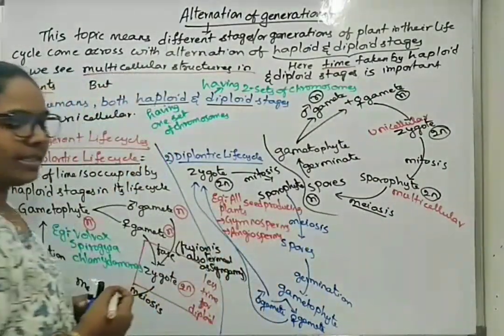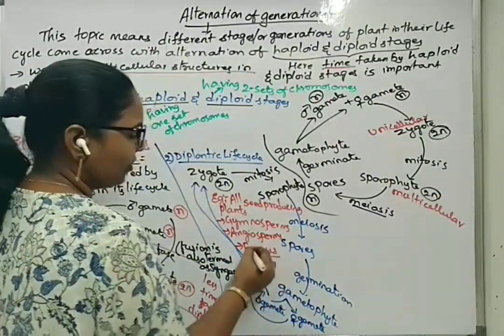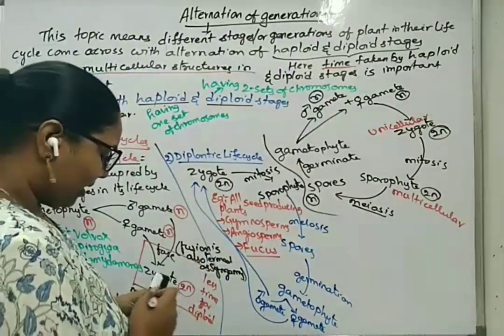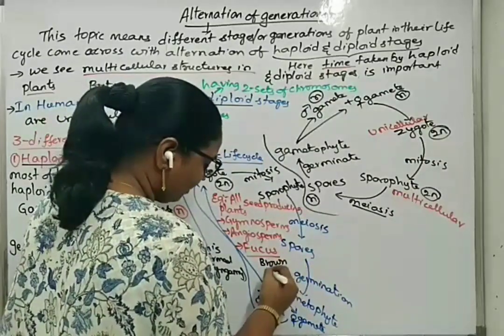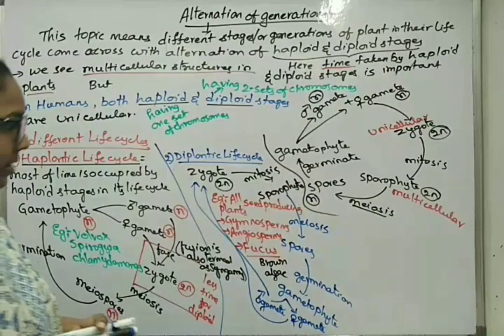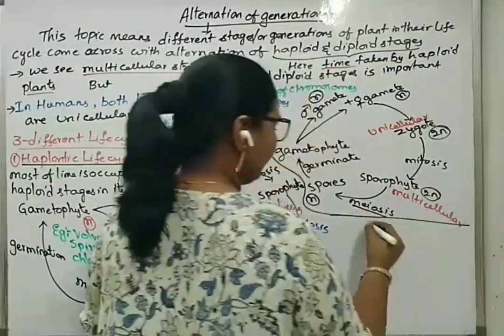One exception is there, that is the brown alga Fucus. Fucus shows the diplontic life cycle. So this is brown algae. Now, the third type of life cycle is the haplodiplontic life cycle.